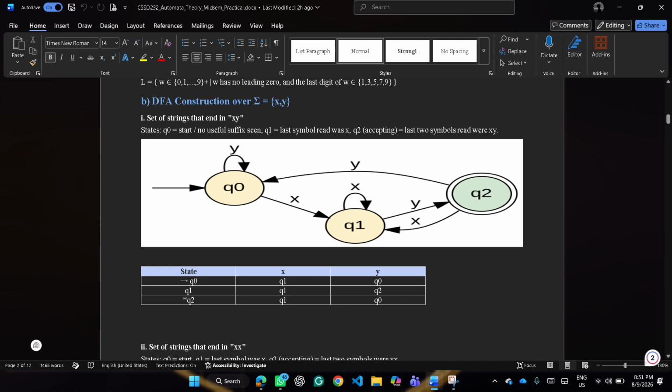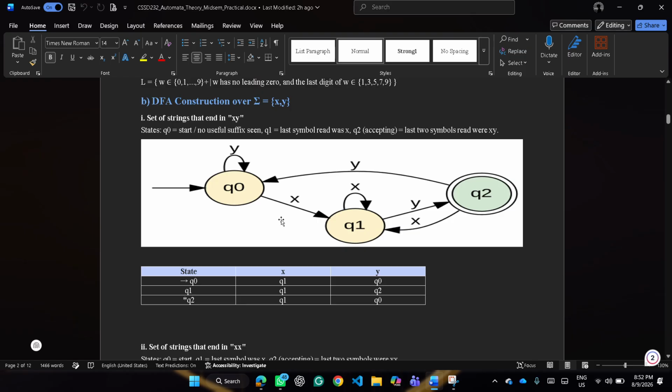And notice, even from the accepting state Q2, if I read another X, I move back to Q1, because now the last symbol is X again, and the string might continue and still need to end correctly, since the language is the set of strings that end with XY. So from Q0, an input of X takes me to Q1, and an input of Y takes me to Q2.